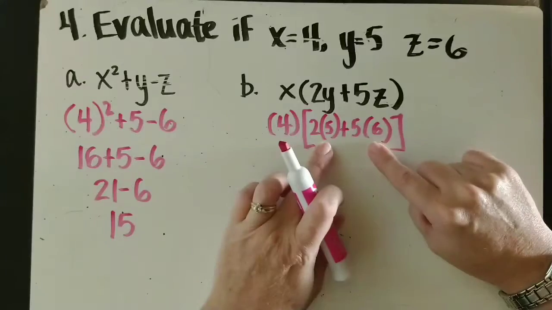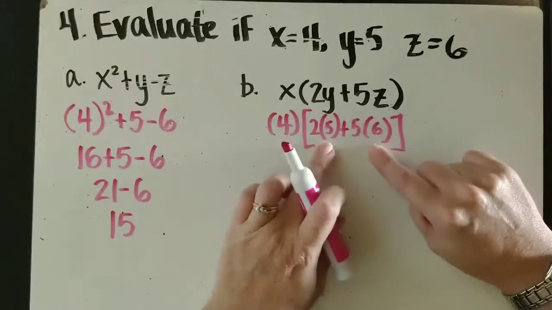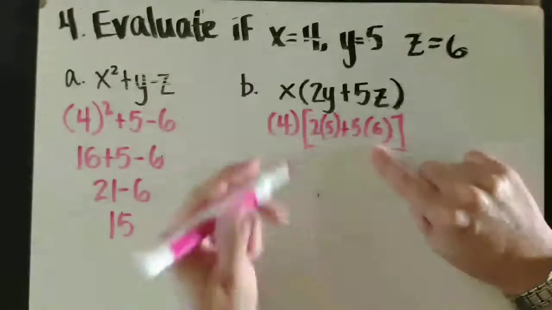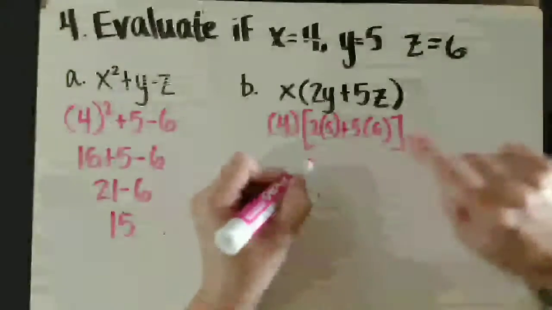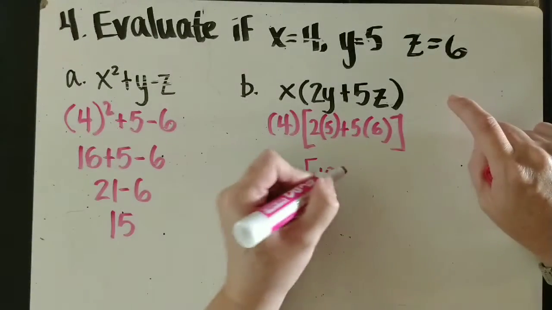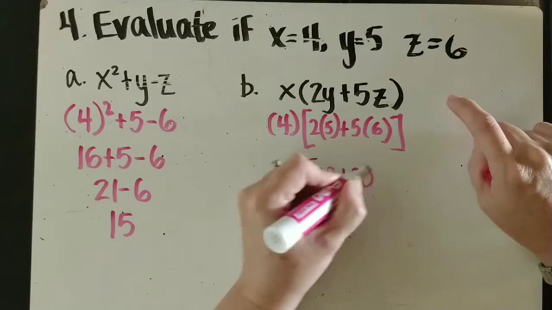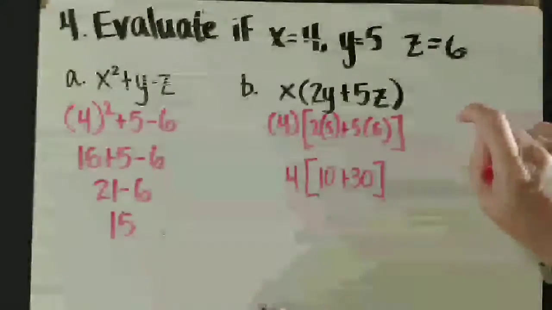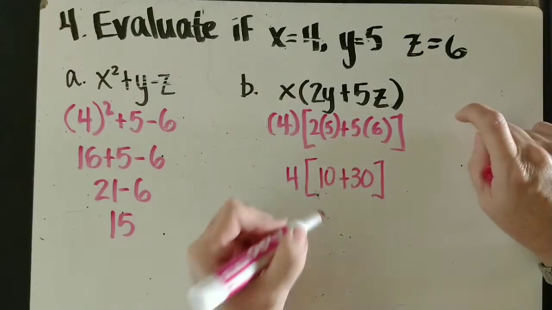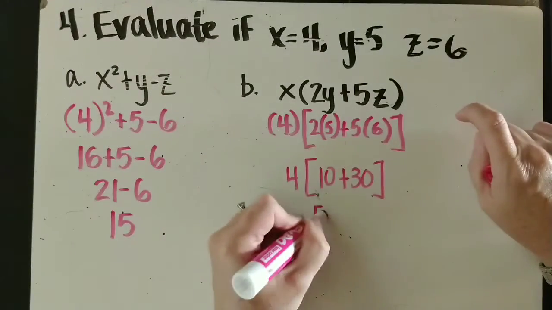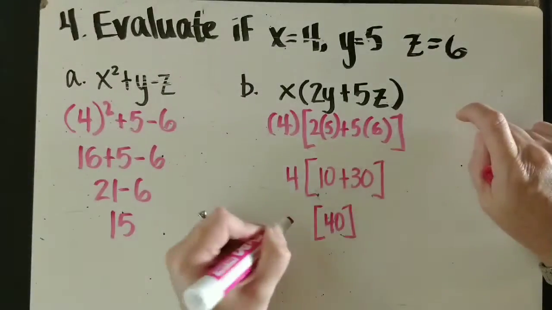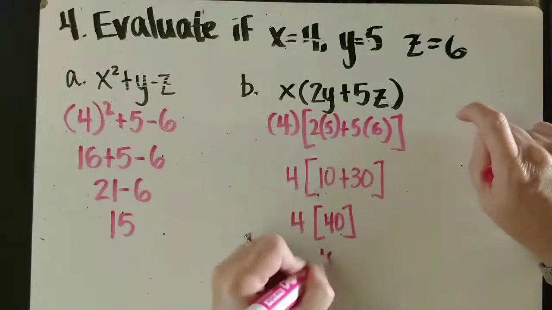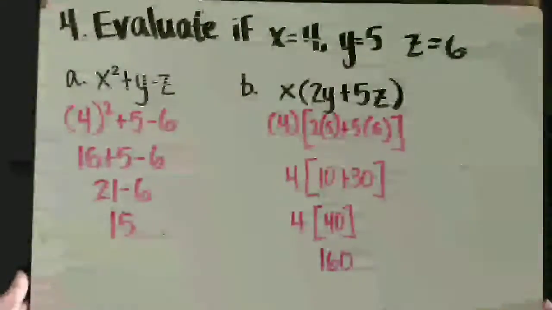Multiplication can be done first, and both of them can be done at the same time because they're being separated by an addition sign. So we have 10 plus 30 inside of our grouping symbols. Bring down your 4. 10 plus 30 is 40. 40 times 4 is 160.